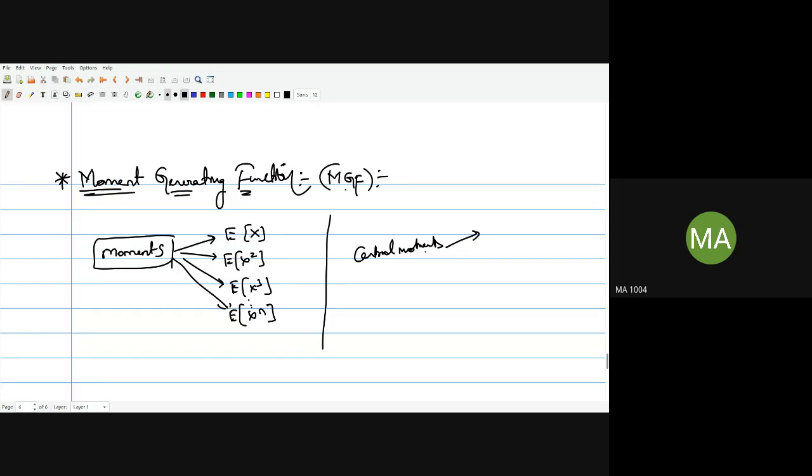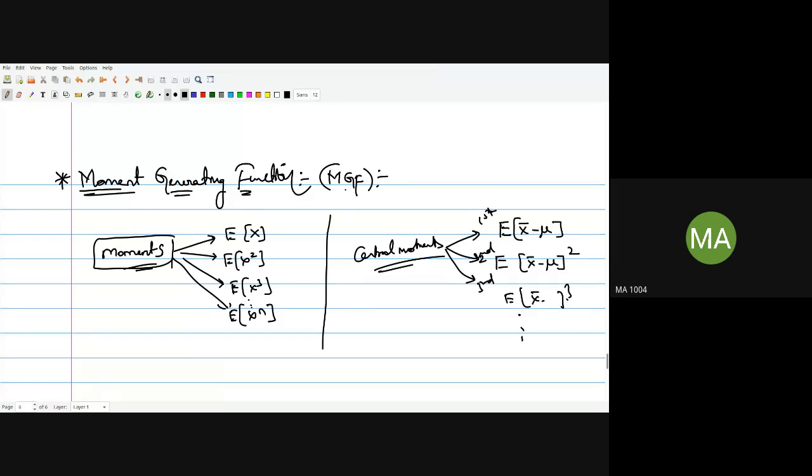The first central moment is the expected value of x minus mu, and the second central moment, which everyone knows, is the variance. The third central moment is expected value of x minus mu whole cube. So these are central moments, and the others are called moments.